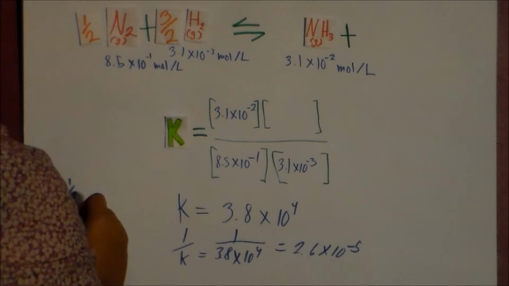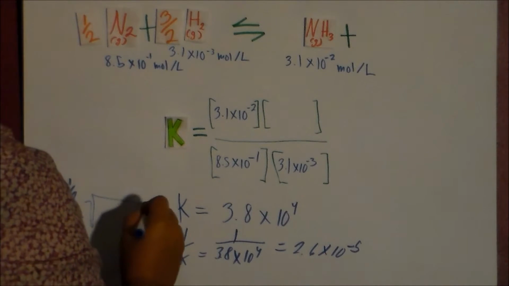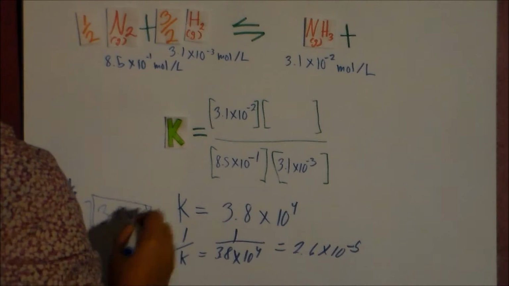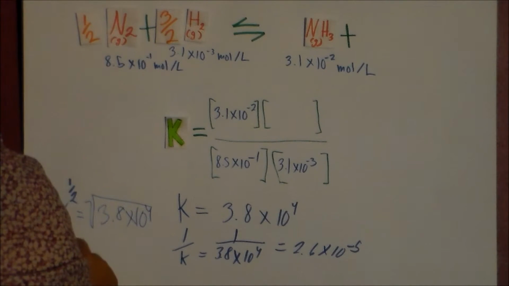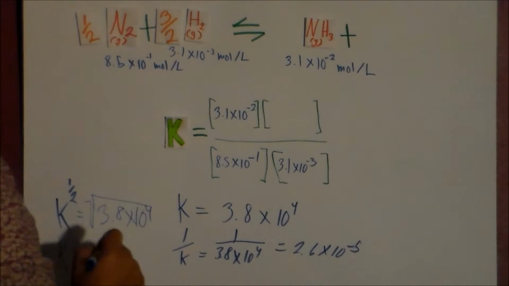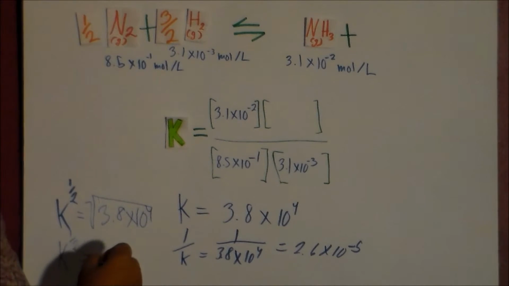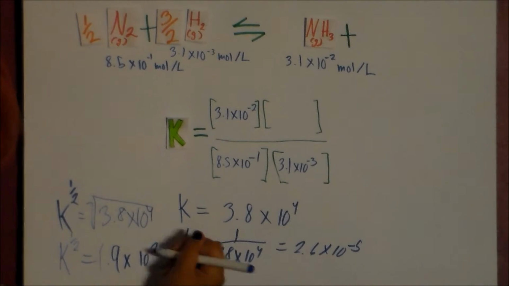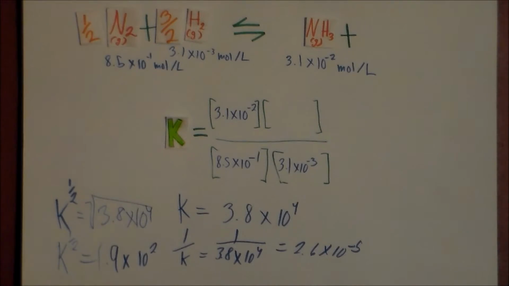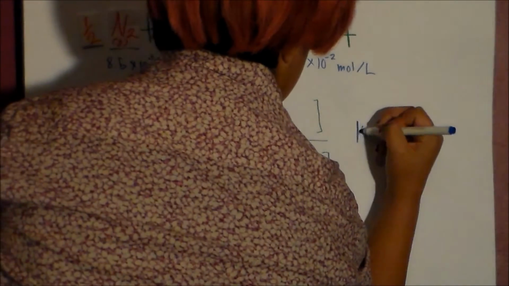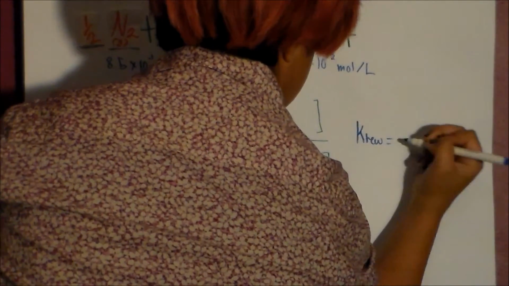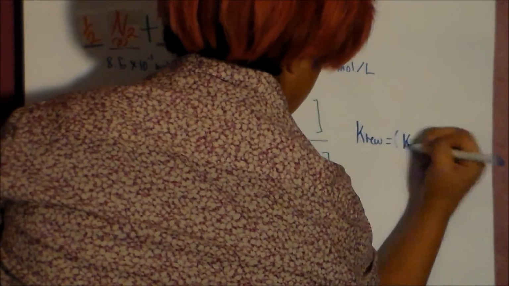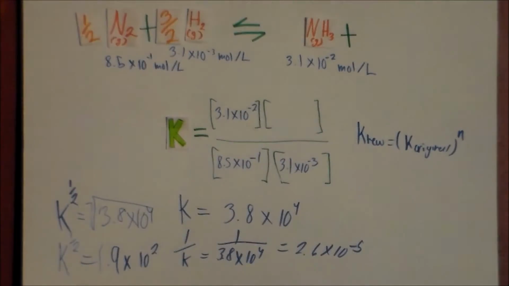So K to the 1/2 is going to equal the square root of 3.8 times 10 to the 4th, and our K is going to equal 1.9 times 10 to the 2nd power. Simply put, we can now call this K new equals K original raised to the power of n.